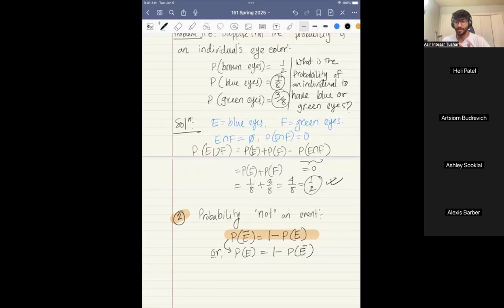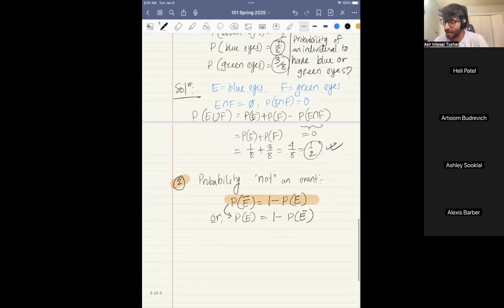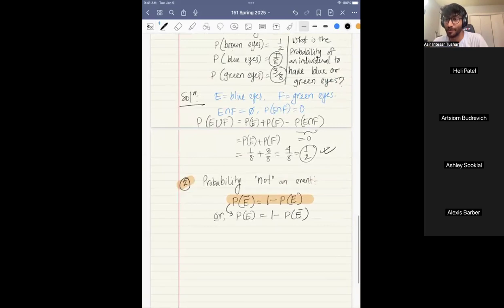Okay. That's the property. And just for some brief explanation, if you draw the diagram like this, and this is your E, then E complement will be everything other than E, right?